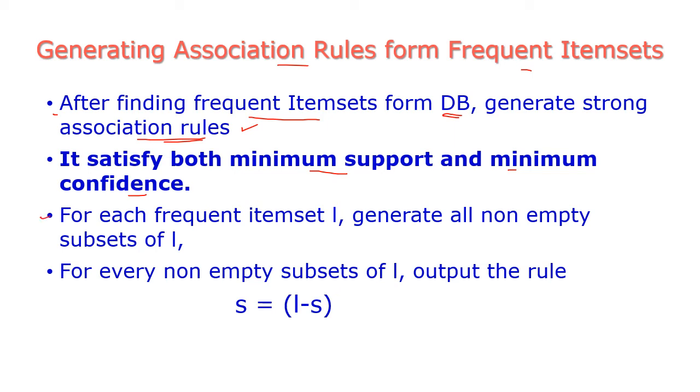Here, for each frequent item set I, we need to generate all non-empty subsets of I. For every non-empty subset S of I, the output rule is S implies I minus S. That is, once we generate I, we need to remove this S from this I.